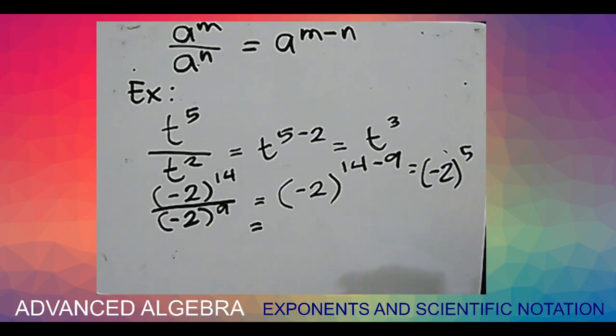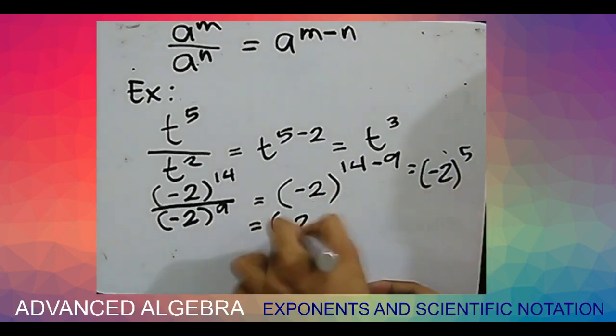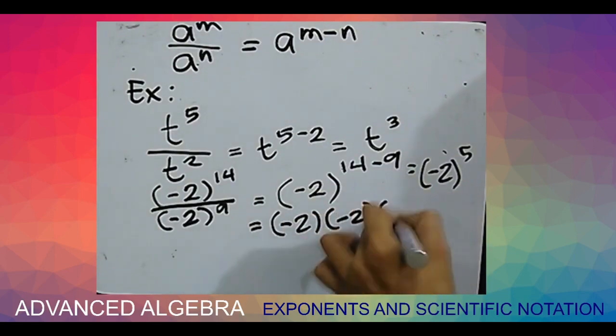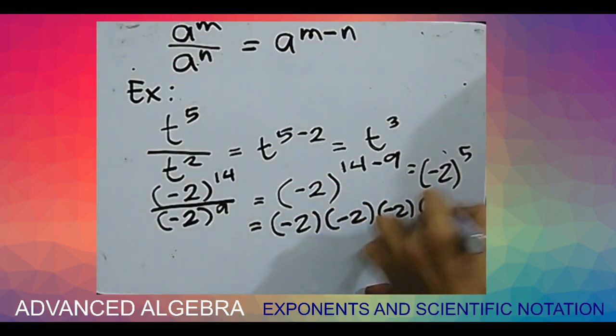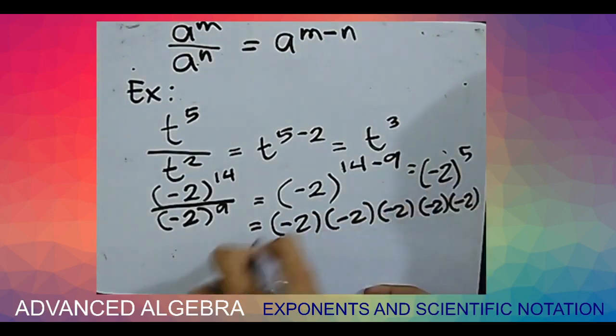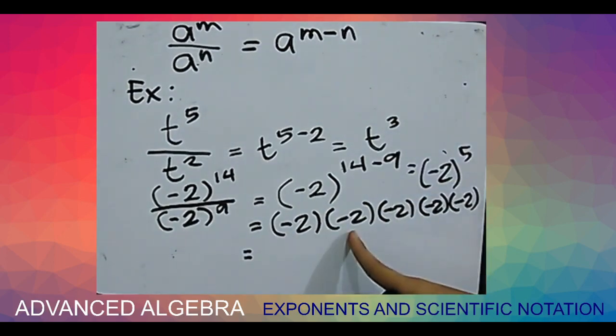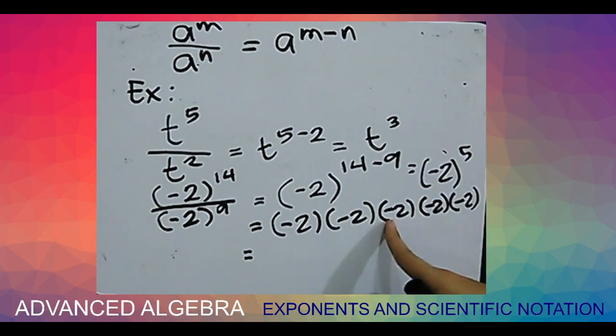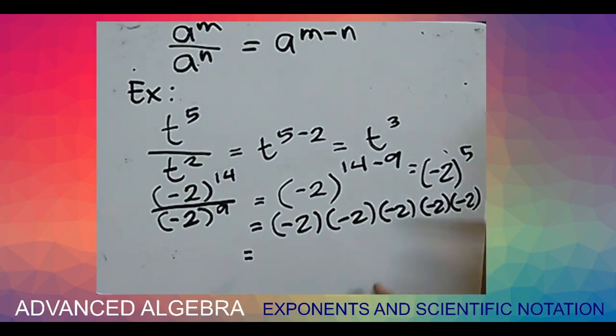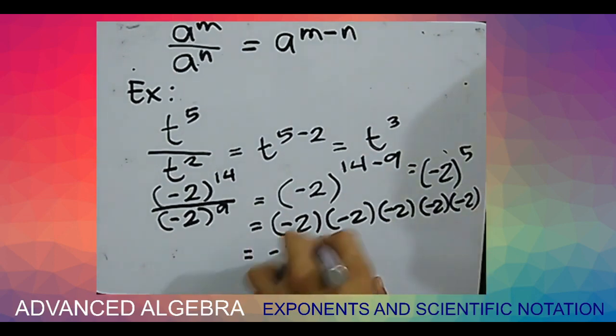So, kapag pinag-multiply natin negative 2 times negative 2 times negative 2 times negative 2 times negative 2: negative 2 times negative 2, positive 4; times negative 2, negative 8; times negative 2 is positive 16; times negative 2 is negative 32.